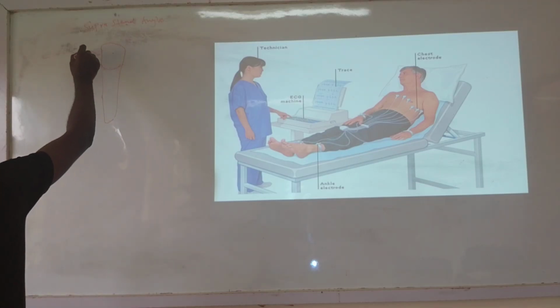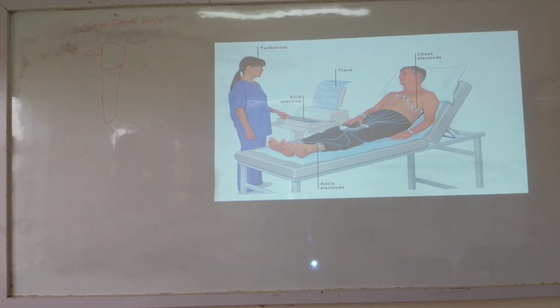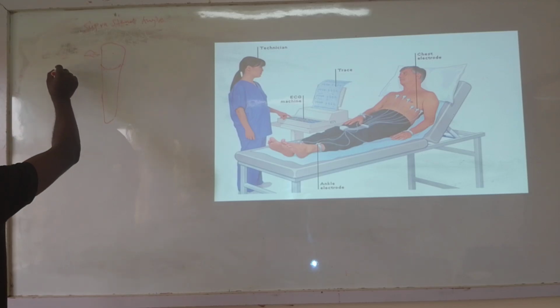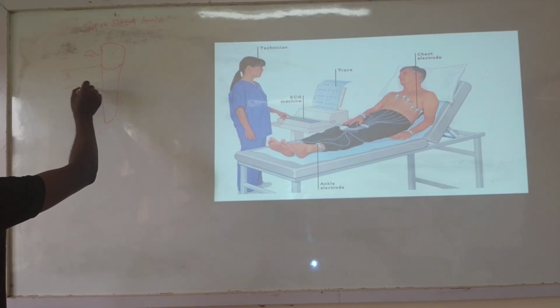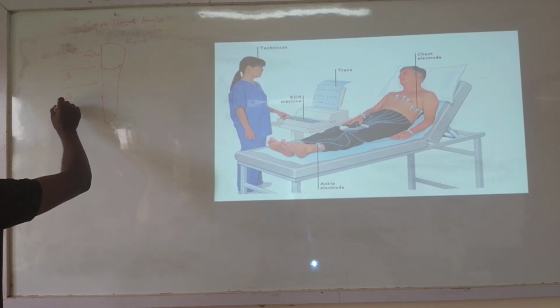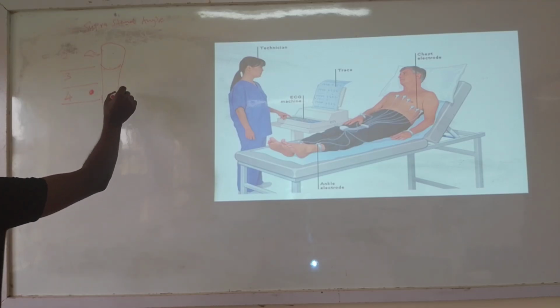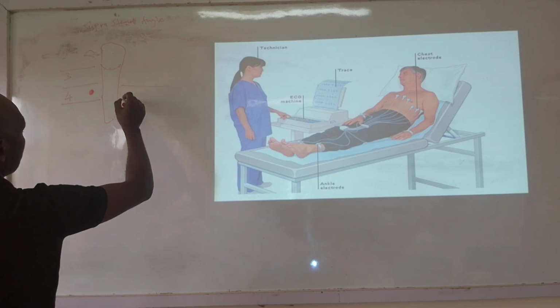It correlates with intercostal space 2. So down here will be intercostal space 3, and then down there will be intercostal space 4. So on the left and also around here.